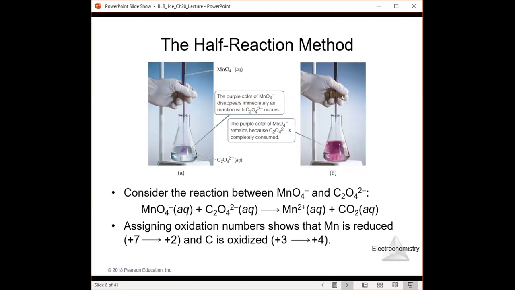When you assign the oxidation numbers, you can show that the manganese is reduced. The manganese goes from +7, and you have to have your ion charges chart out, to a +2, and then the carbon is oxidized. It goes from +3 to a +4. You have to assign those oxidation numbers.